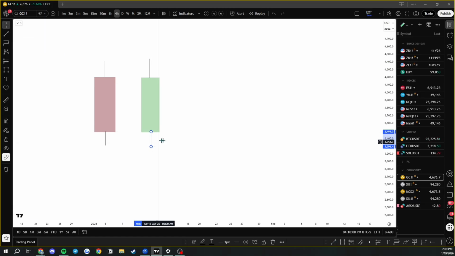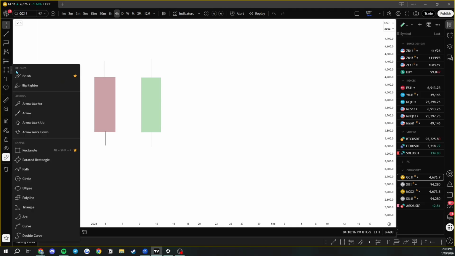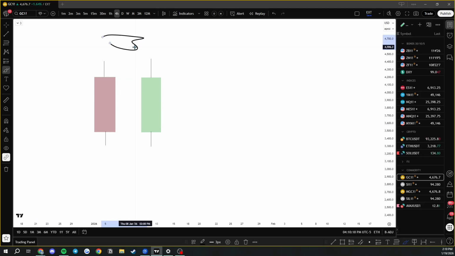So we're going to go over the first one, and when we talk about candlestick formations, I want you guys to try and draw a parallel to real life. What I mean by that is think about what we're doing here, right? We're taking 3 different types of candles. One, two, three. And we're saying that this candle is a continuation, this candle is a reversal, this is a consolidation candle, right?